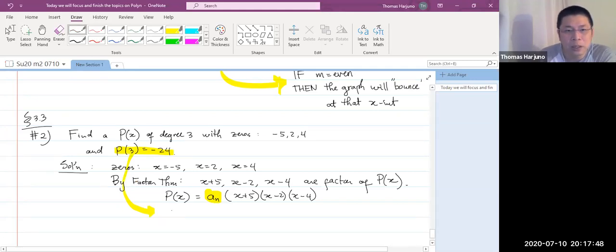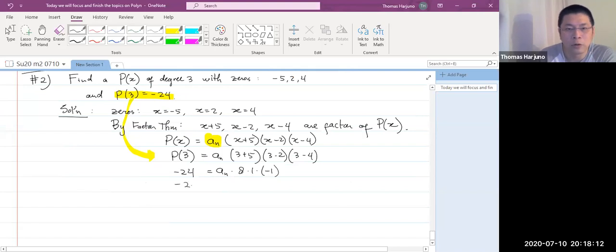So P(3) equals the leading coefficient times (3 plus 5)(3 minus 2)(3 minus 4), and P(3) is -24. So -24 equals the leading coefficient times 8 times 1 times -1.